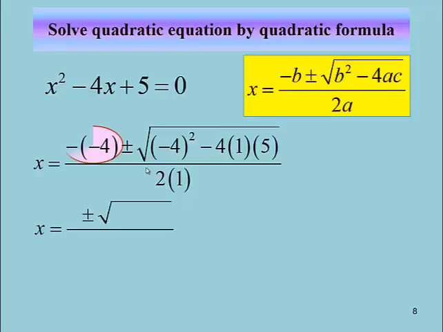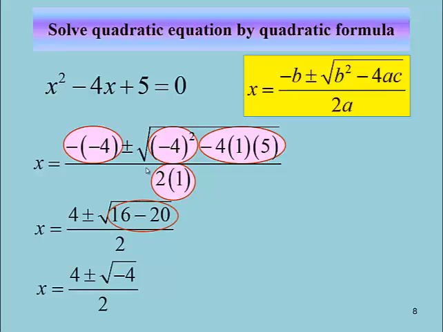First thing, the negative of a negative 4 is a positive 4. Inside the square root, negative 4 in parentheses squared is a positive 16. And then negative 4 times 1 times 5 is negative 20. Divide that by 2 and then simplify. 16 minus 20 would be negative 4. Now, we talked about this in chapter 1.